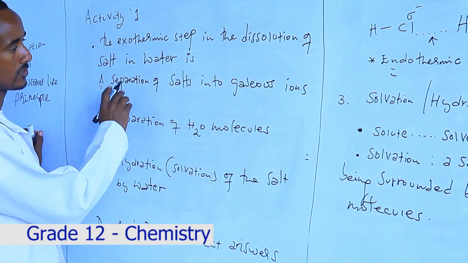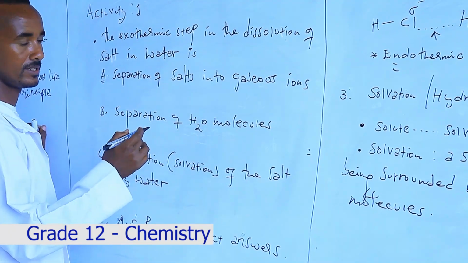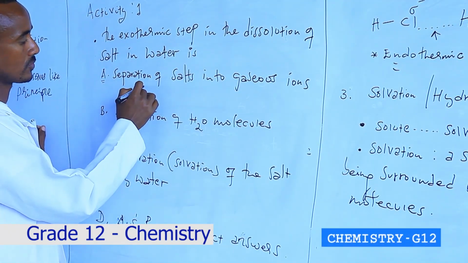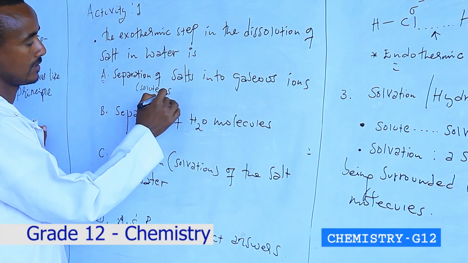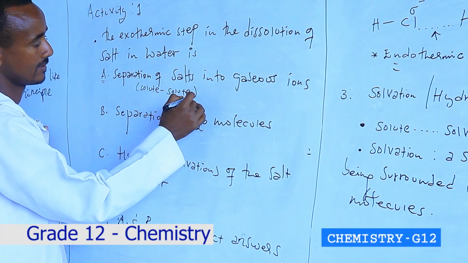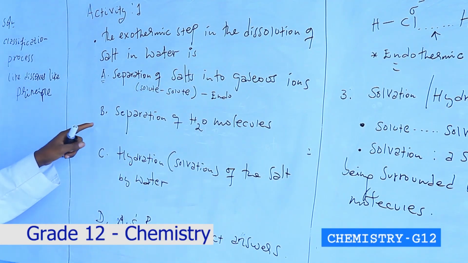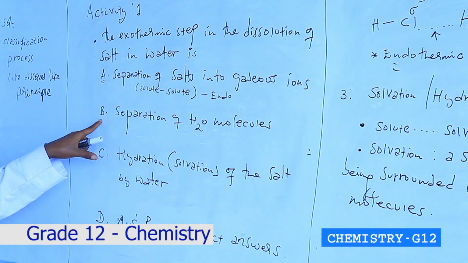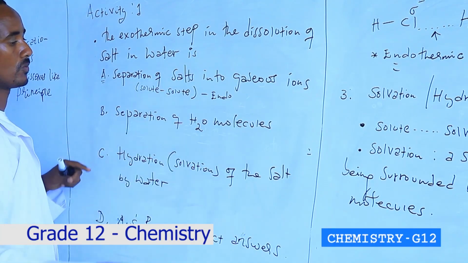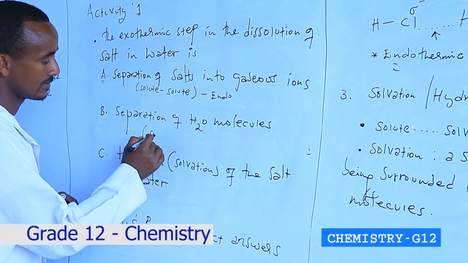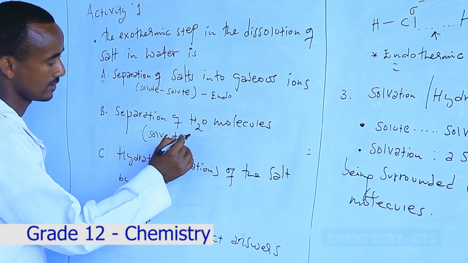A is separation of salts into gaseous ions, which is the solid-solid separation. Solid-solid separation is an endothermic process. And the second alternative B is separation of water molecules, which is the solvent-solvent separation.